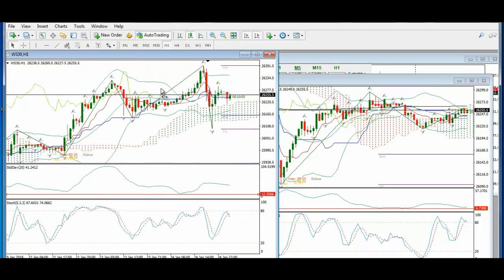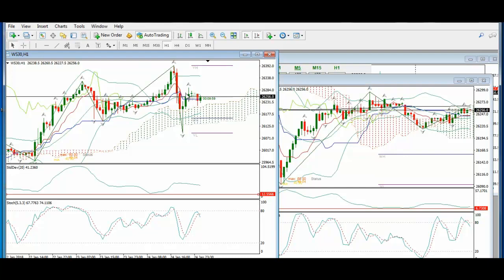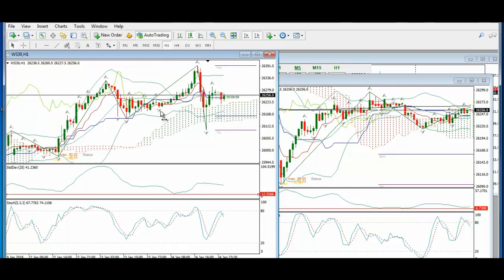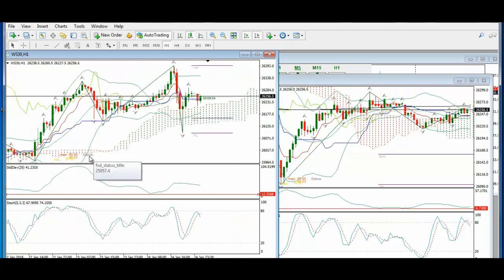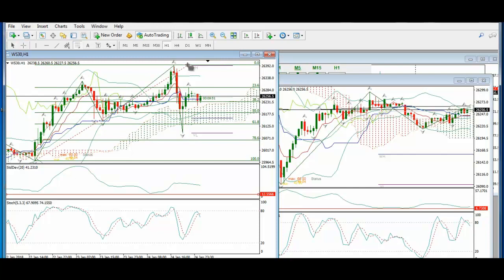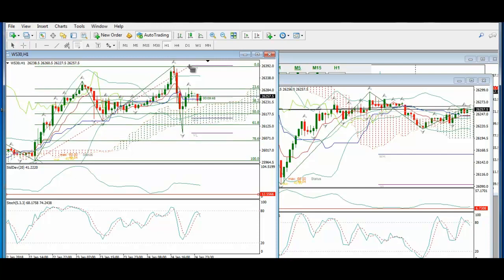And if you're a Fibo player, the retracement came here. But if we take, for example, this movement right there, it is interesting again because this might be another retracement of the market.